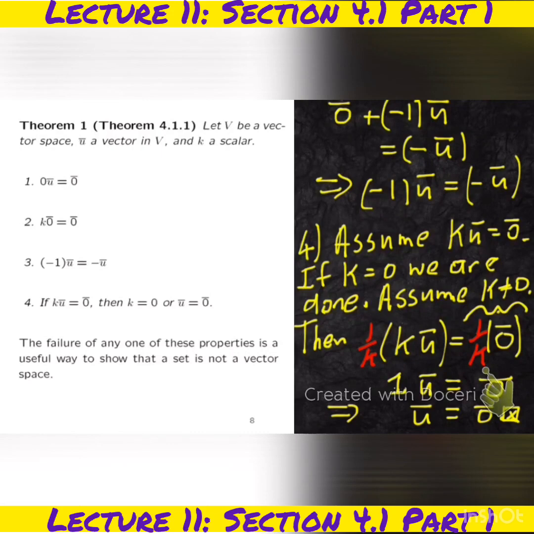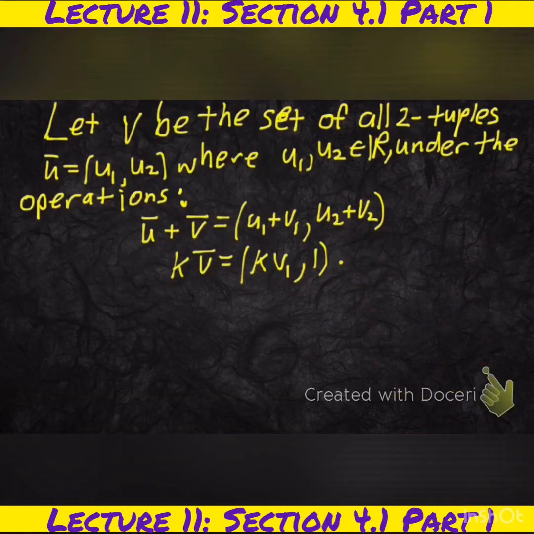All right, now remember what I said here. Failure of any one of those properties is a useful way of showing the space is not a vector space. Now what I mean by this is, let's look at the following example. Let V be the set of all two-tuples (u1, u2), where u1 and u2 are both real numbers. And I define the following operations.